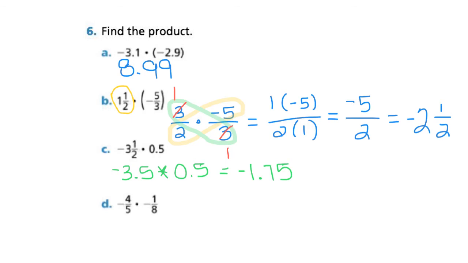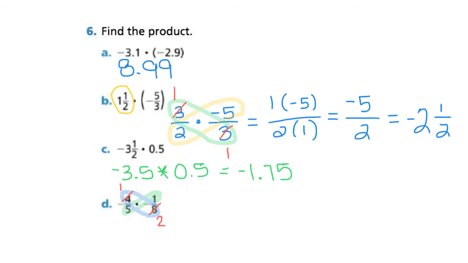Let's look. The 1 and the 5. Nope, 1 doesn't get any smaller. 4 and 8. They share a common factor of 4. So 4 divided by 4 is 1. 8 divided by 4 is 2.